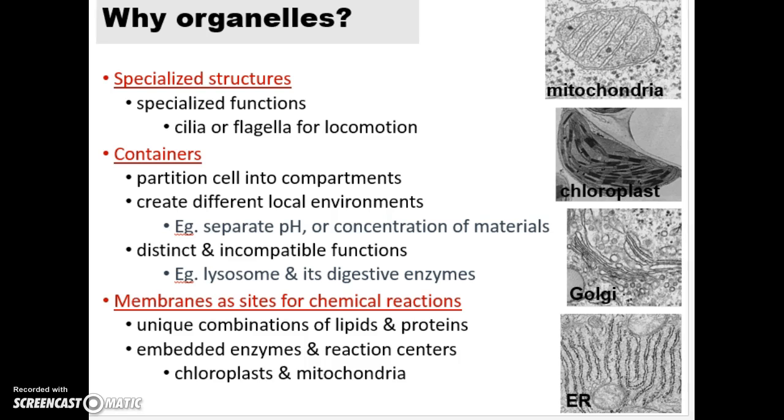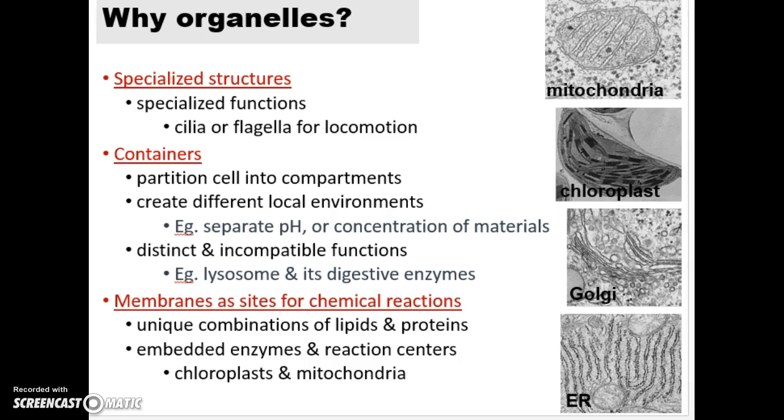After that brief little intermission, let's take a look at why we have organelles, particularly in the complex eukaryotic cells. They are specialized structures with specialized functions. For example, cilia or flagella provide locomotion.